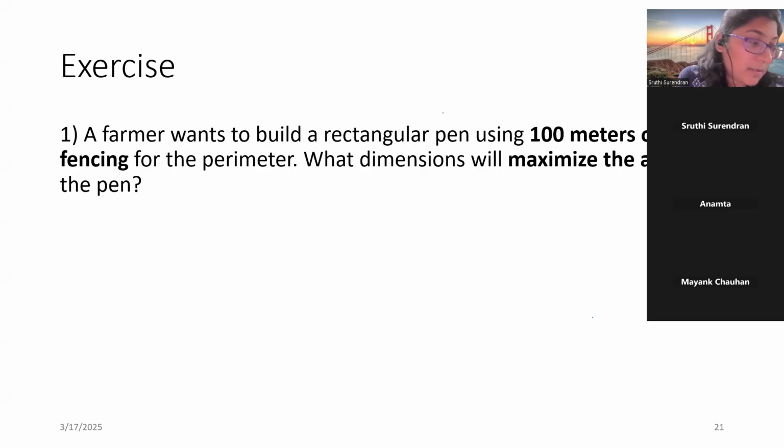What can be the decision variable in here? Correct. The length and the width of the pen.